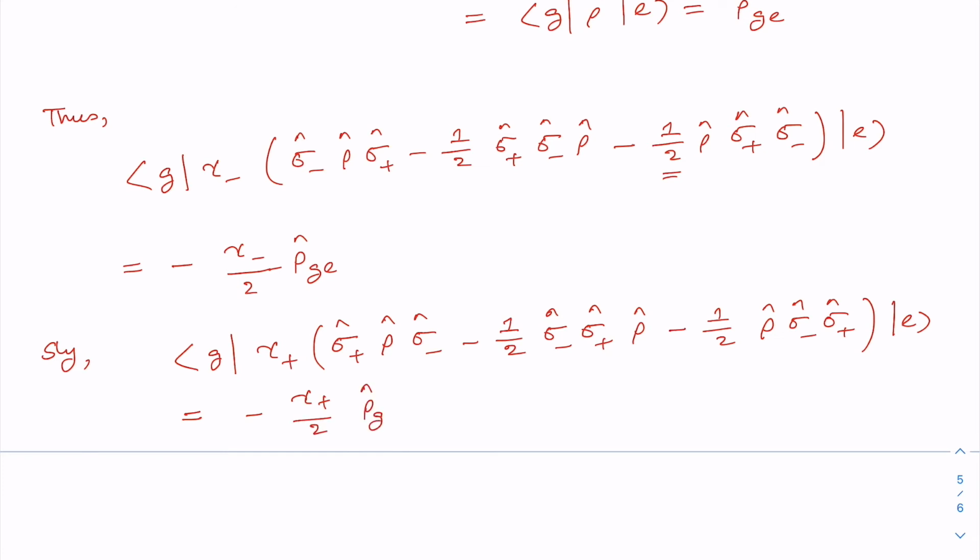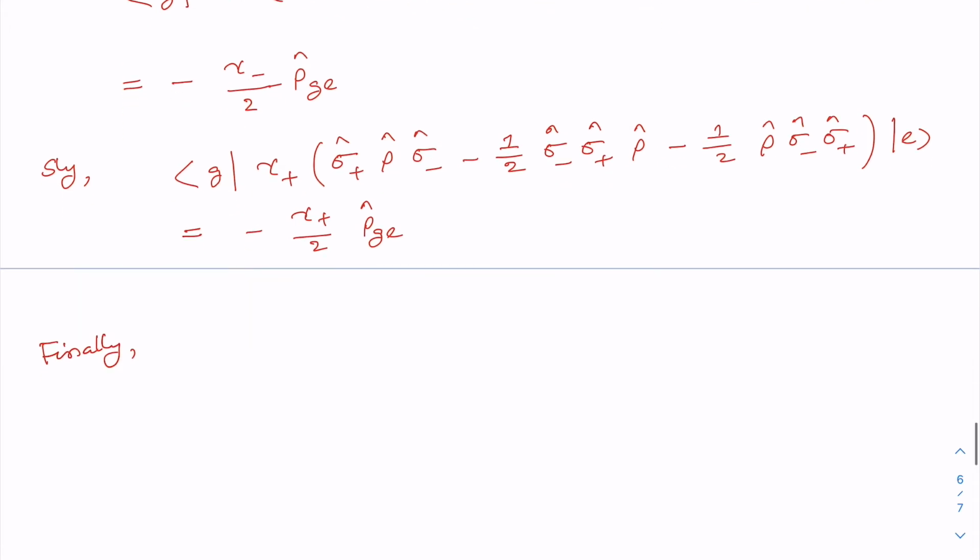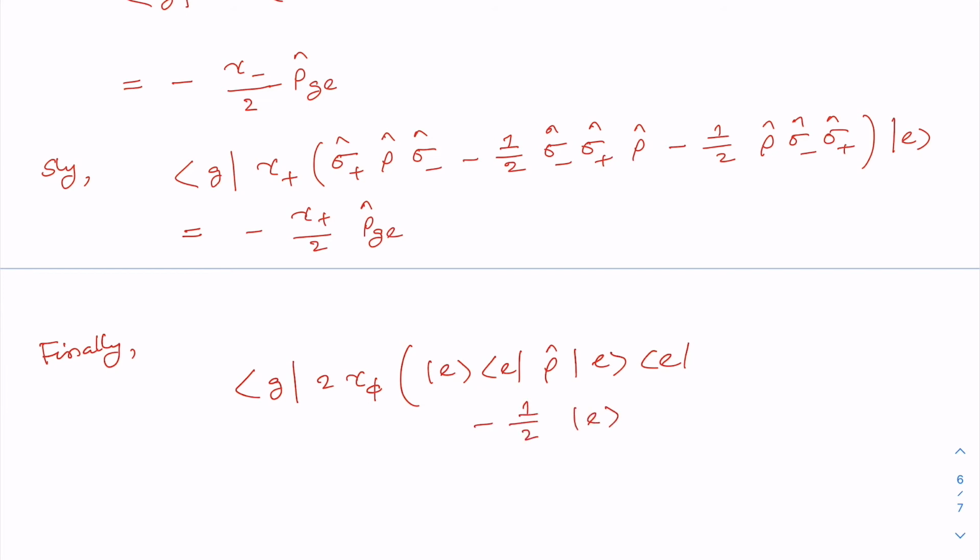rho ze. All right, then finally we are left with this pure dephasing term, let us work it out, that would be z here 2 gamma phi, I have here e rho e, then I have minus half, and so on, minus half rho e, then I have here e.